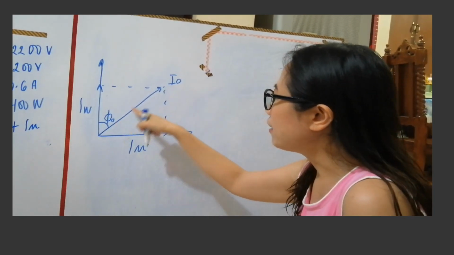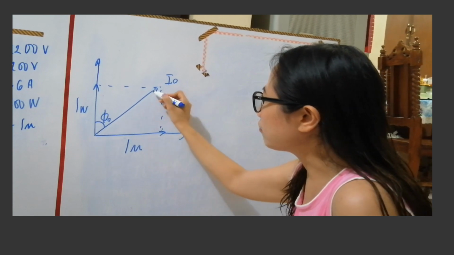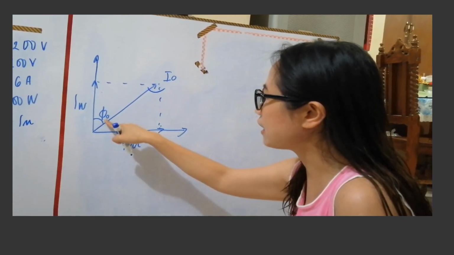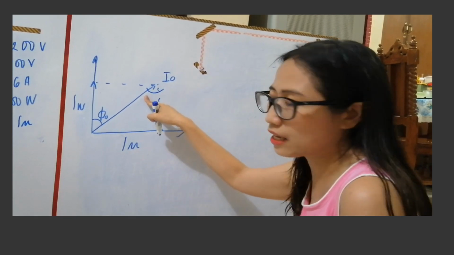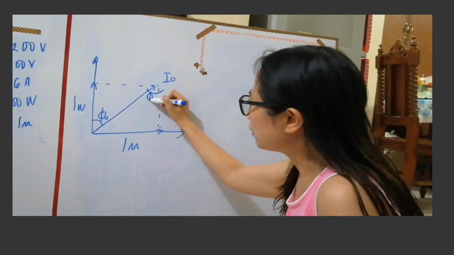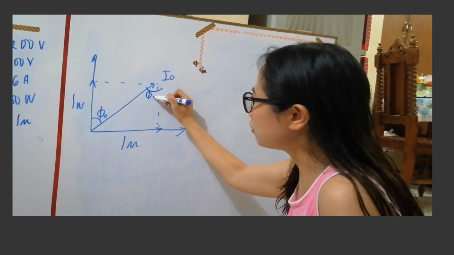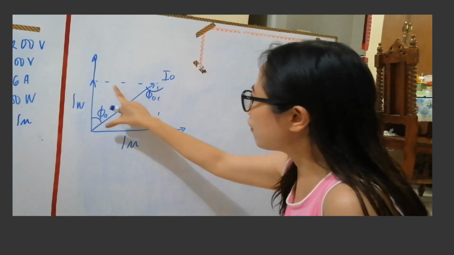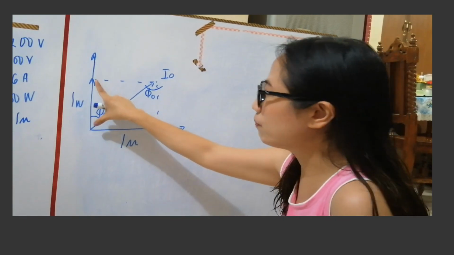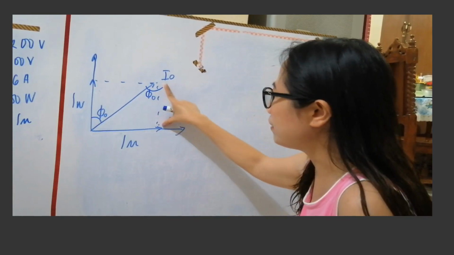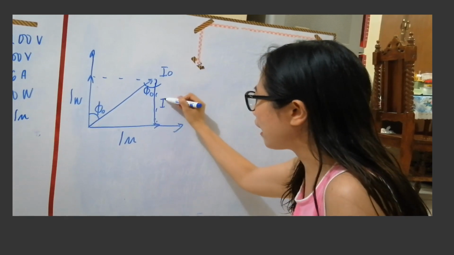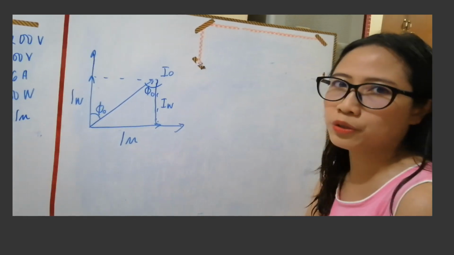Isn't it that we have a vertical angle here? So we can say that this angle is also equal to this angle. So let's say that this is also our phi sub 0. So if we're going to project I sub W into this side, we can say that this side is also our I sub W. Do you get it?